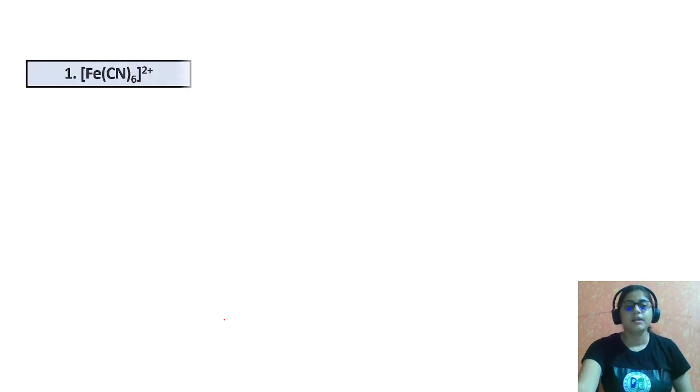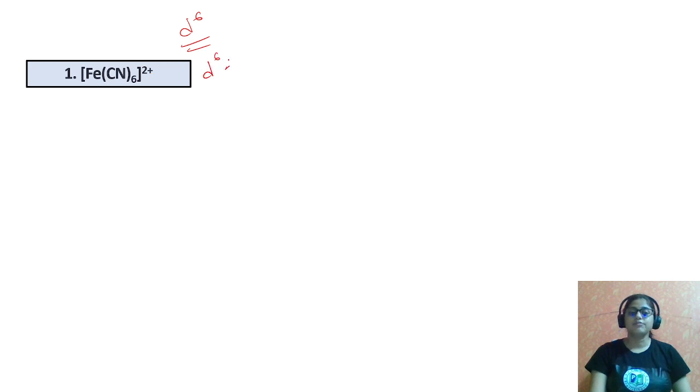So strong distortion will be there for the case of D4 high spin. Fine. Now Fe(CN)6 2 plus. Fe we know is D6, right? And Fe 2 plus means D6, 4s is 0, right? Now one important thing is that D6 can be high spin and low spin, but here the strong field ligand cyanide is present.